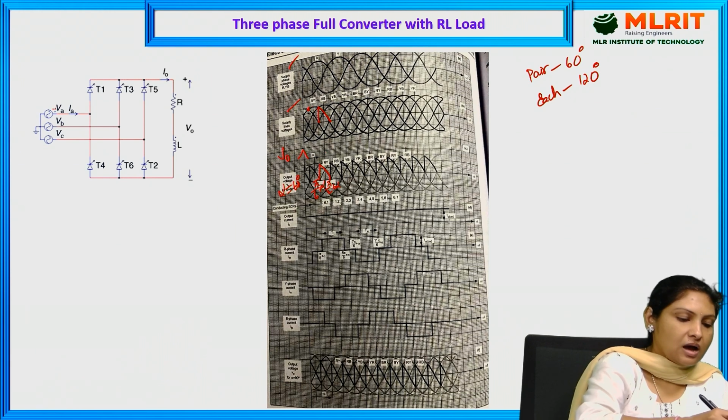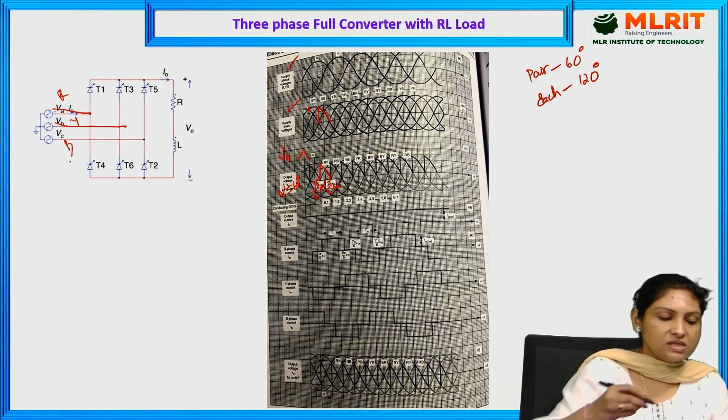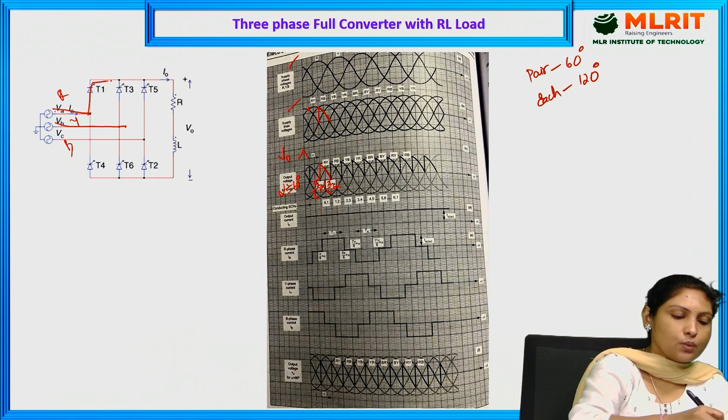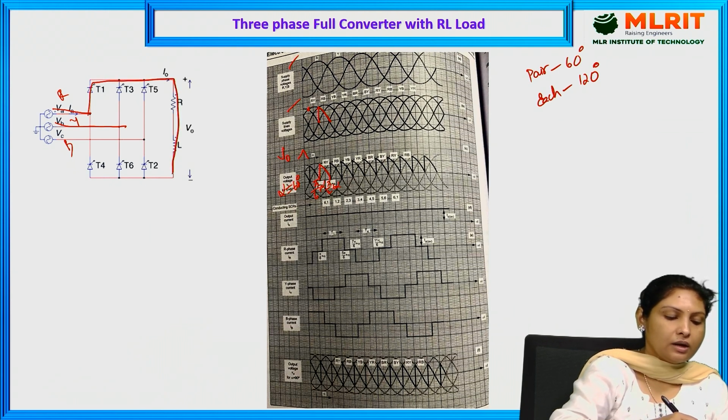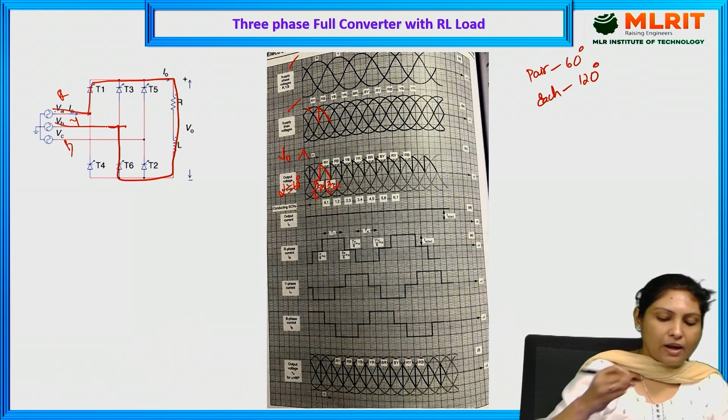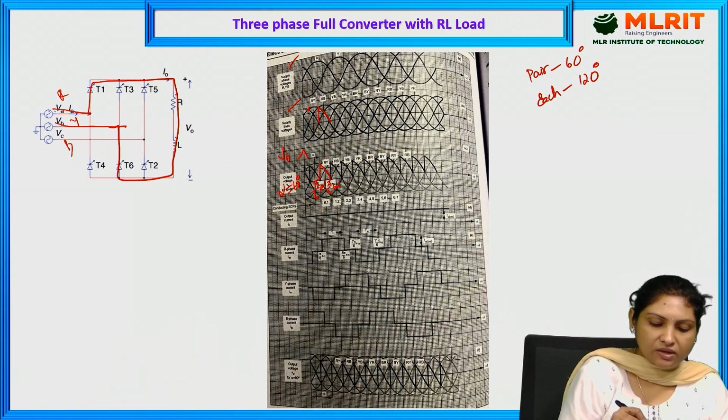This is the R phase, this is the Y phase, and this is the B phase. Since the RY phase is active, thyristor 1 conducts current through the load and then T6 and back to the supply. So in the RY phase, thyristors 6 and 1 are conducting.